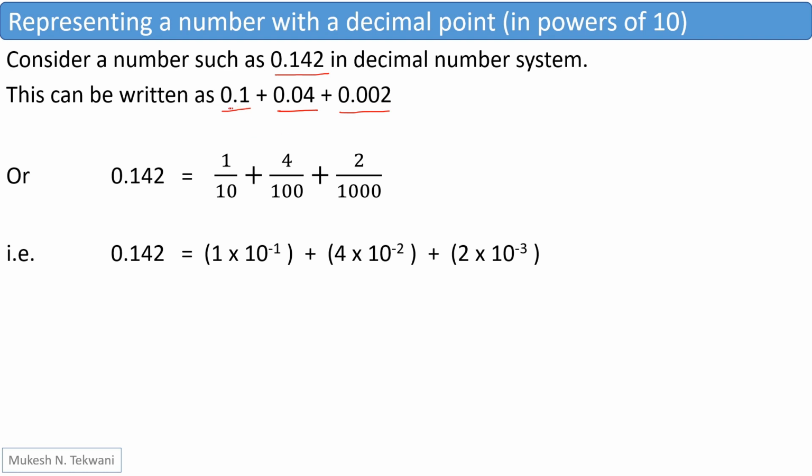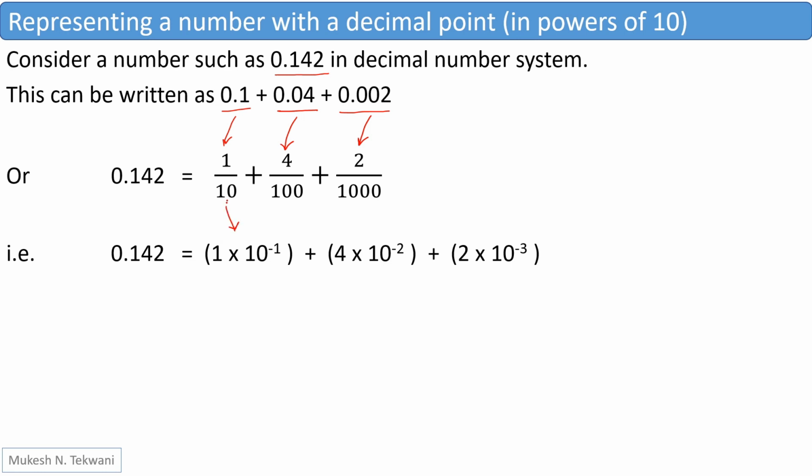Now, 0.142 can be written with 0.1 as 1 upon 10, 0.04 can be written as 4 upon 100 and 0.002 can be written as 2 upon 1000. That means we can write 0.142 as 1 upon 10.